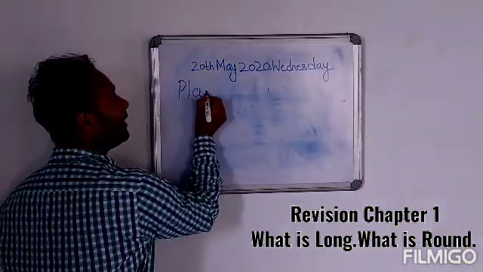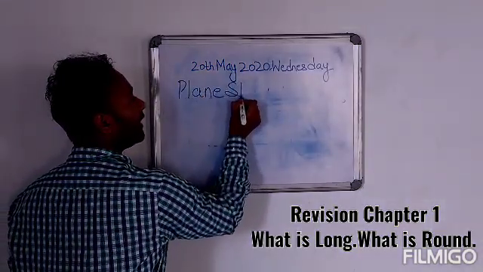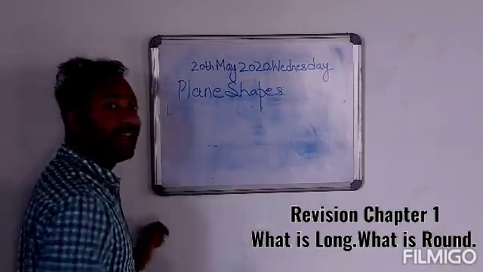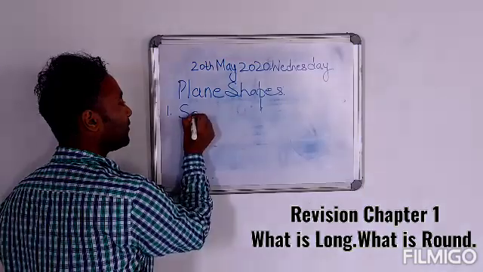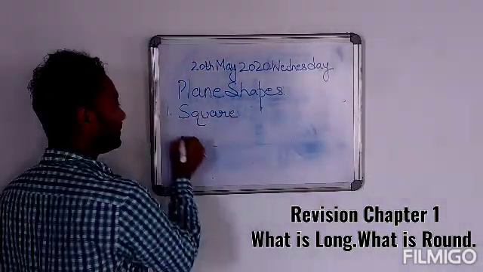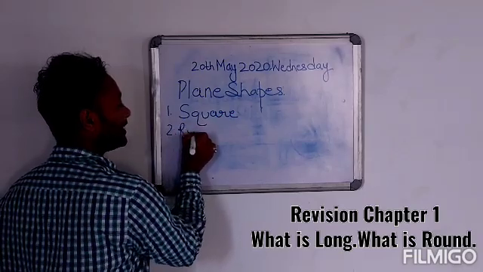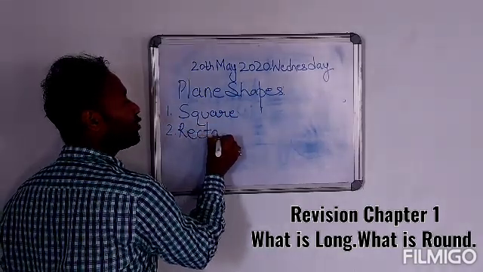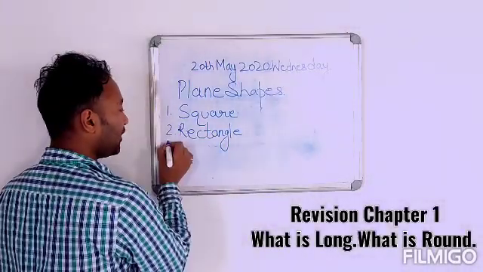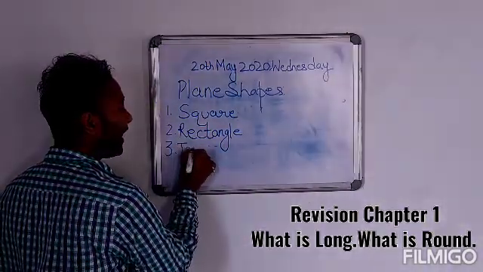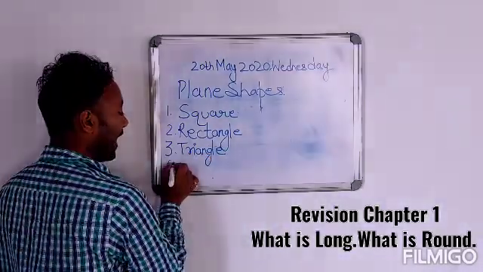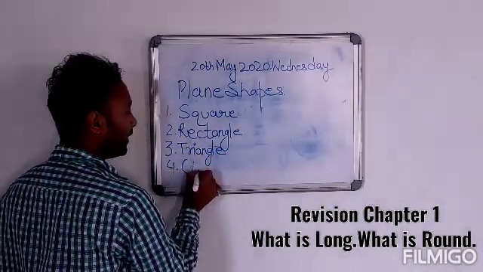How many plane shapes have we studied? Yes, so first one is square. Second is rectangle. Very good. Those who are giving the answer, you will clap for yourself. Now third one is triangle. And fourth one is circle.